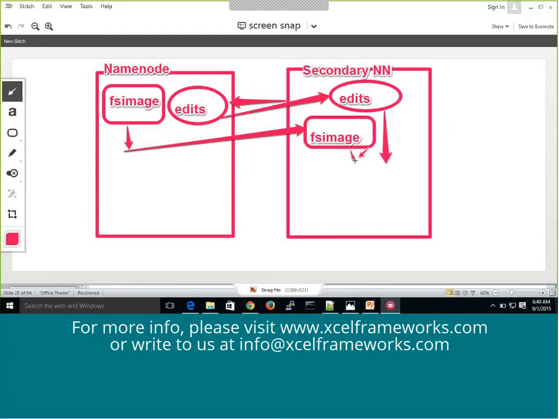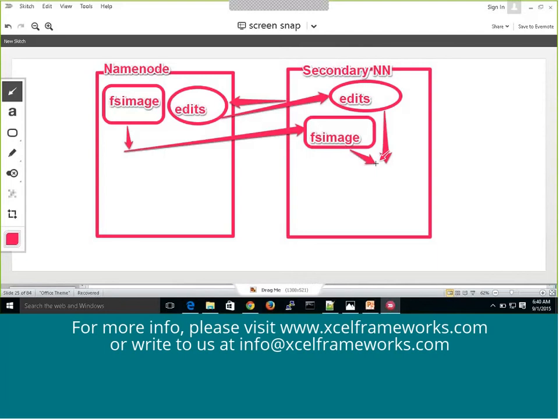It combines these two together to make a bigger file. That bigger file is called fs image.ckpt, checkpoint.